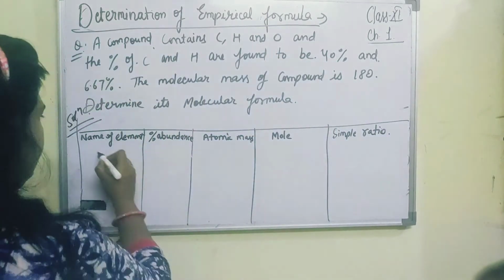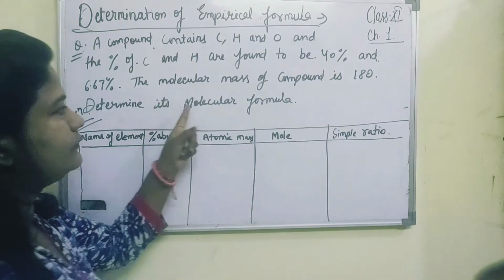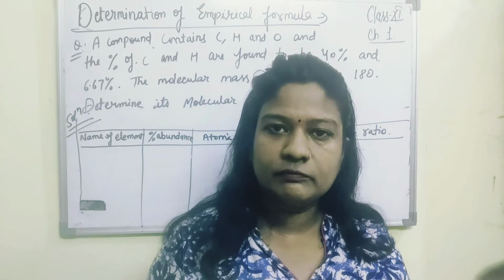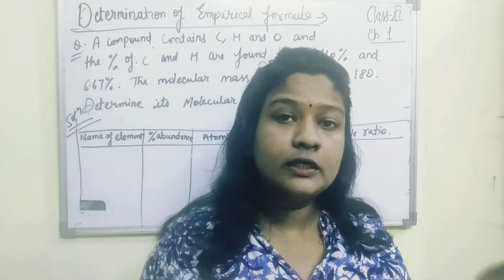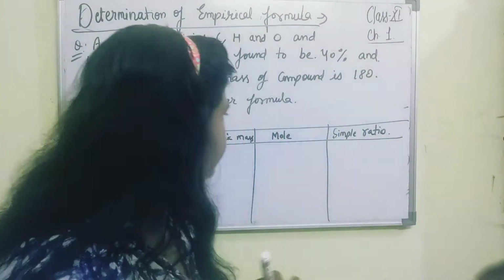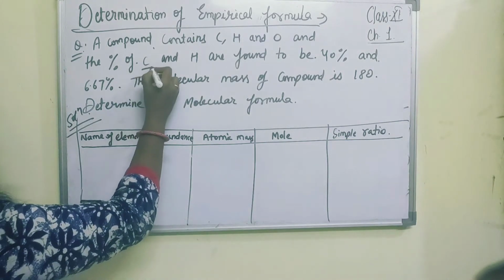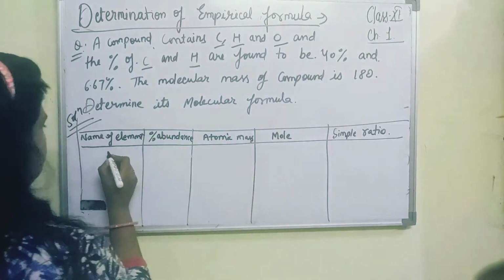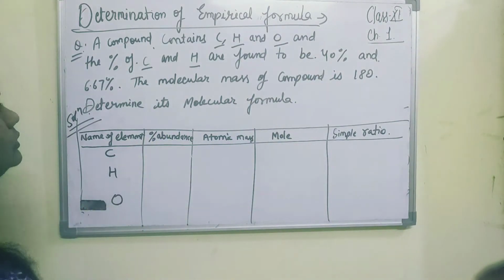Okay, we will make the table to solve the molecular formula. How will you calculate the molecular formula or empirical formula from this? Okay, so 5 steps are there. So first step, we will make a table, and first of all we will write the name of elements present in that compound: carbon, hydrogen and oxygen.